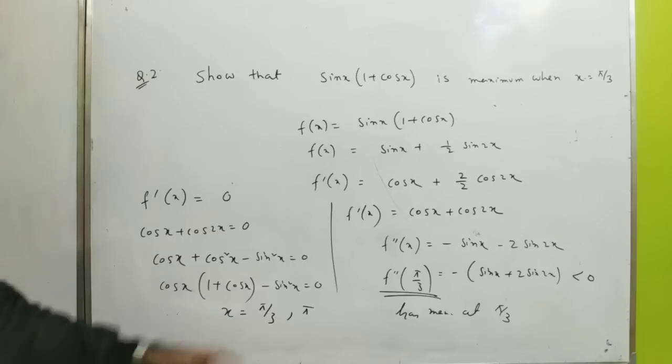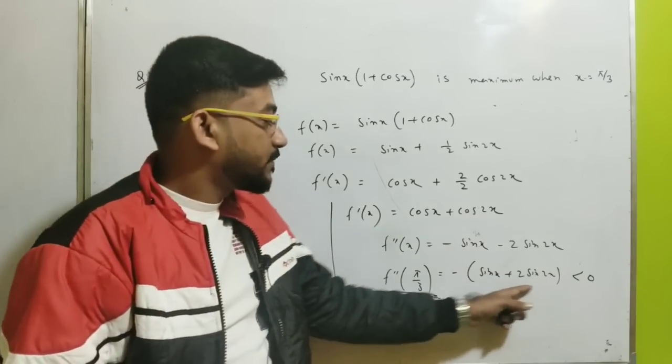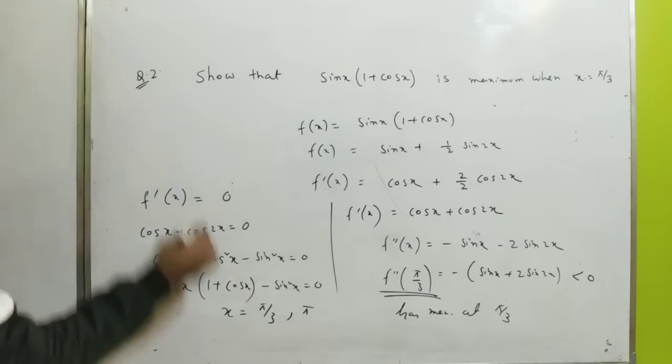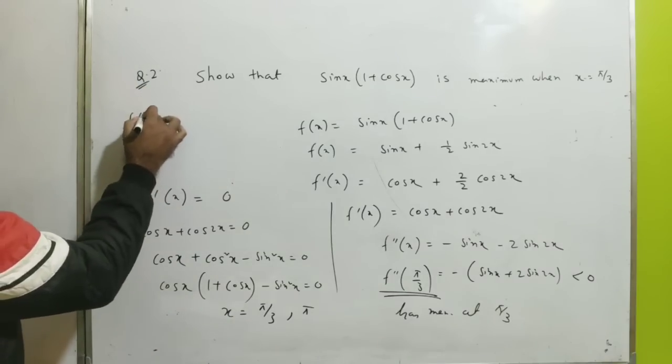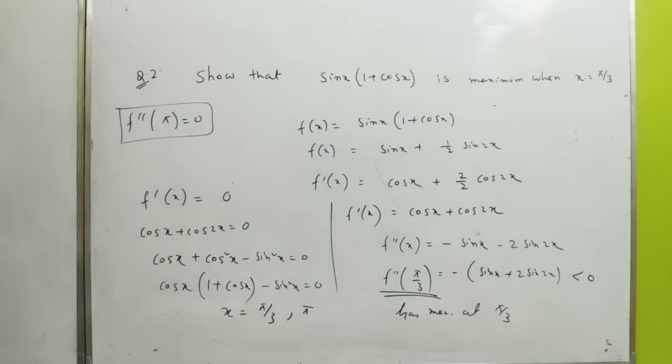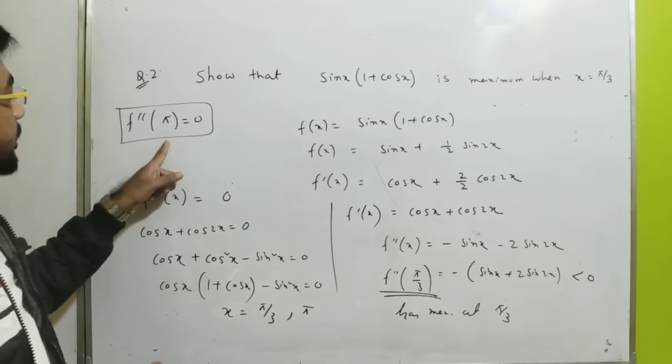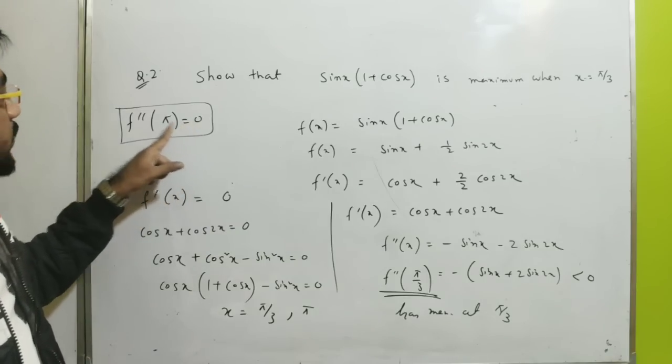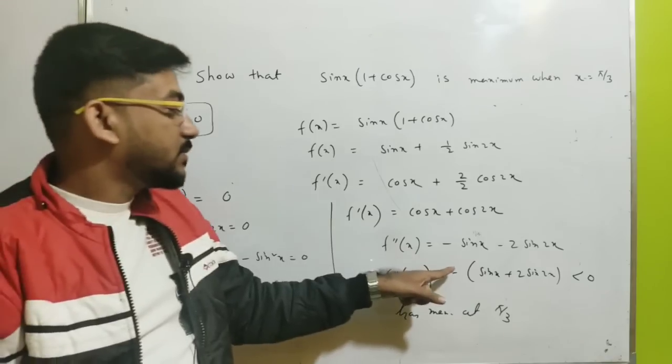But what about pi? We know sin pi is 0, so f double prime pi will be 0. If f double prime pi is equal to 0, then how can we tell whether the function is maximum or minimum?